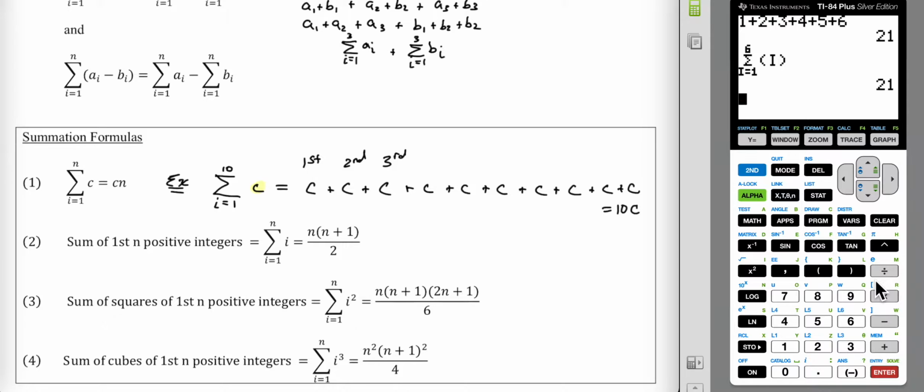So that's where we're getting the product of whatever the upper bound of the summation is and that constant c. We're getting that from the act of expanding this out.